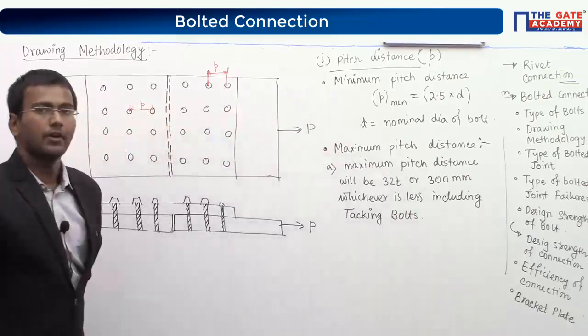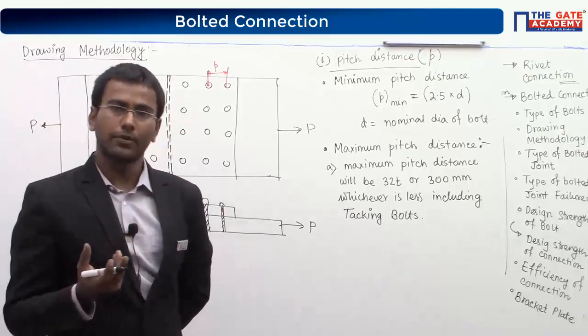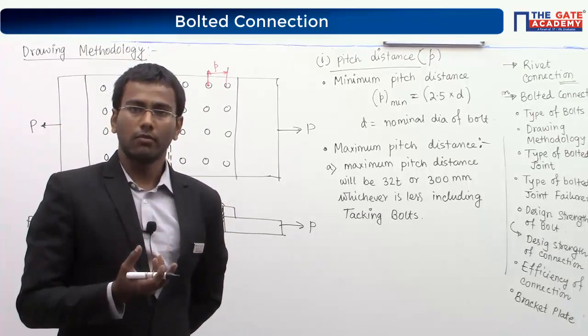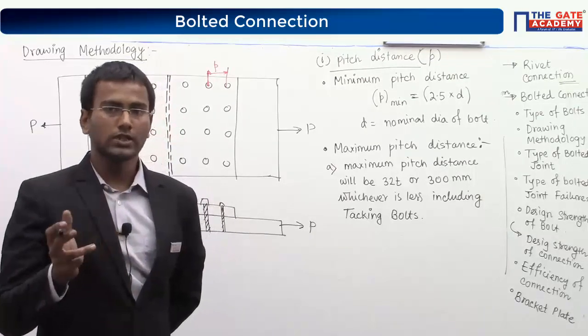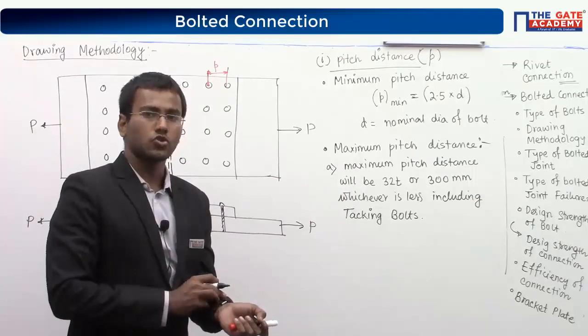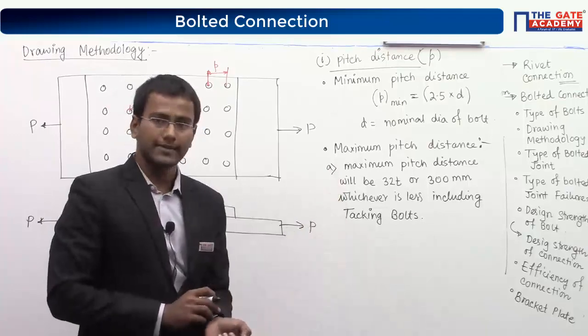First point. It means if it has not been told that the member is a compression member or a tension member, or if the member is subjected to bending, for those conditions we take the member as a general member, and the maximum pitch distance should be within 32t or 300 mm, whichever is less.